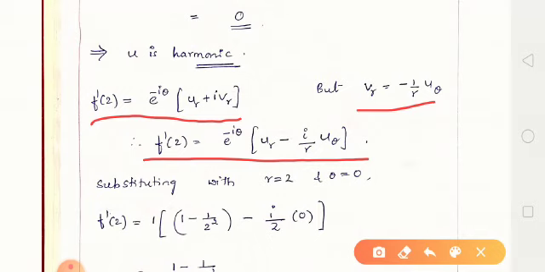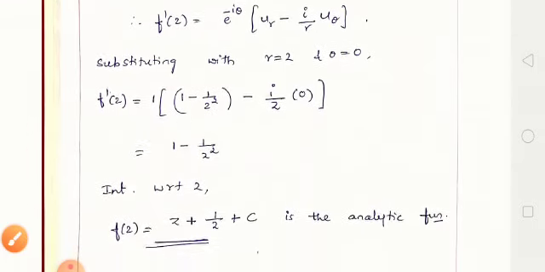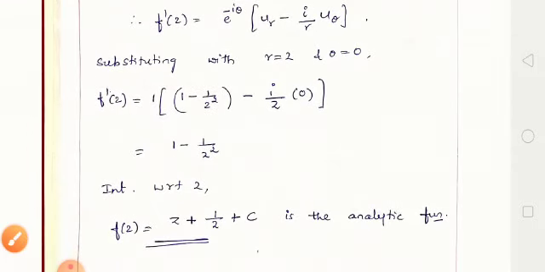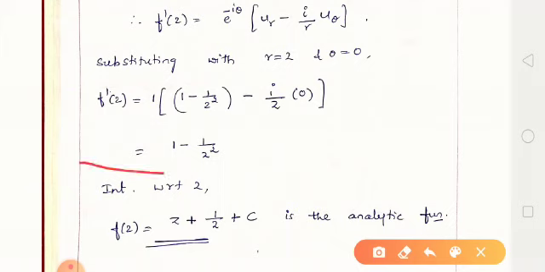Substitute for u r and u theta with r equal to z and theta equal to 0. We will get the expression for f dash of z as 1 minus 1 by z square. Integrating this expression with respect to z, we get f of z equals z plus 1 by z plus c. This is the analytic function.